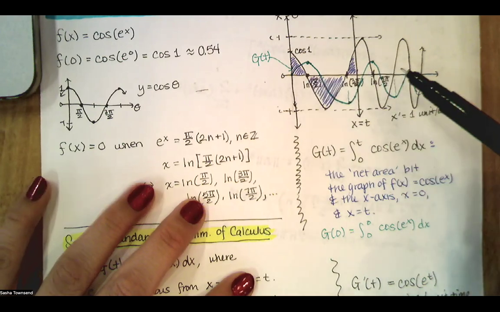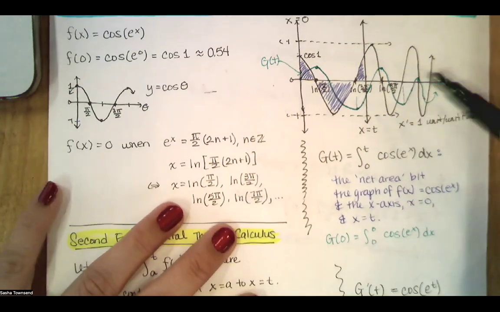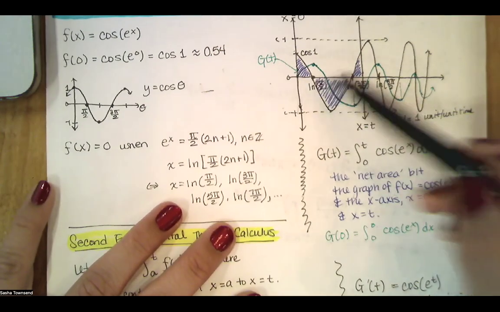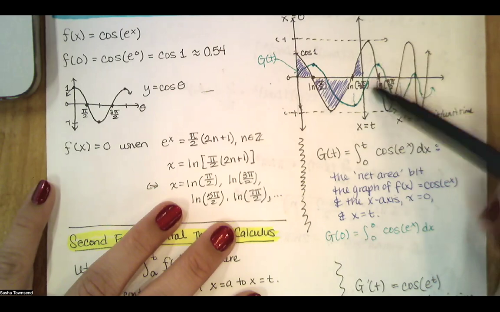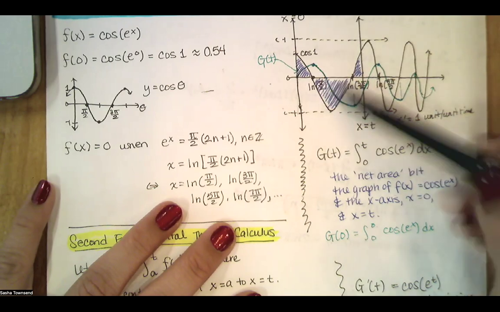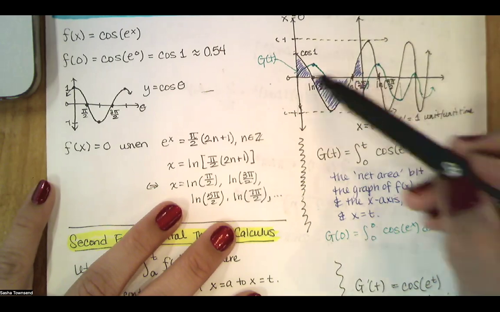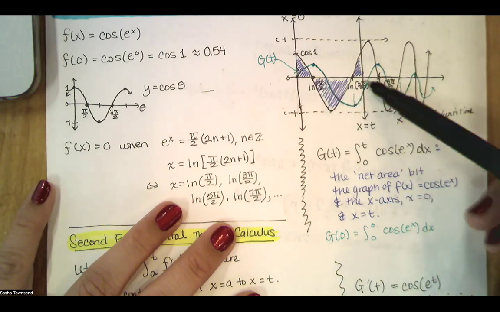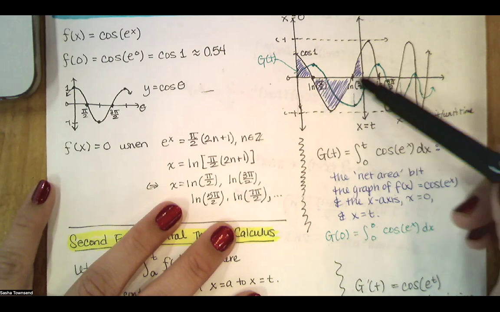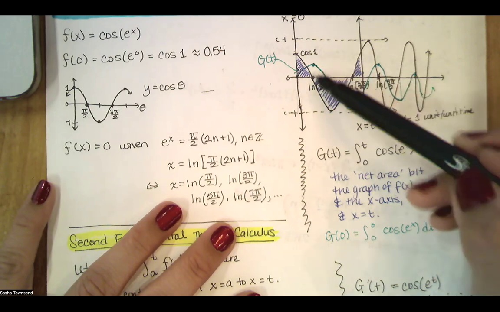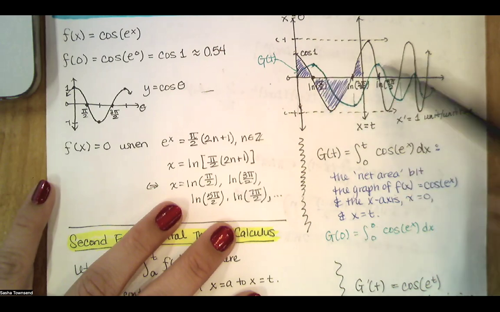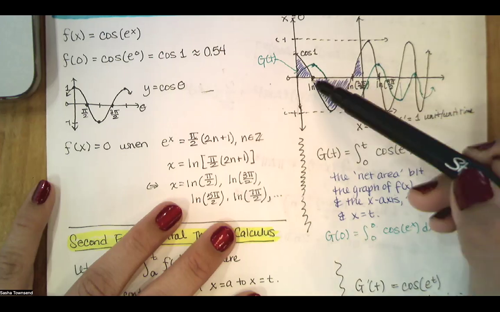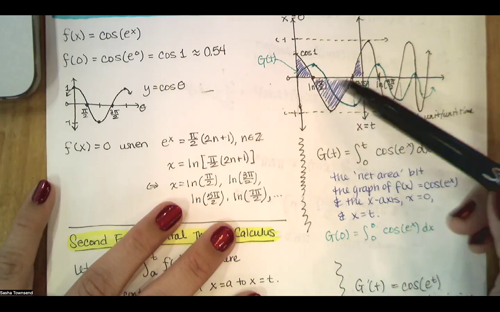Another thing that I want you to notice is that as our x value, or our rightmost bound for that net area function, moves farther to the right at a constant rate, that x value is passing these zeros of the original integrand, which represent relative maxima and relative minima of that area function, on intervals that are not evenly spaced.